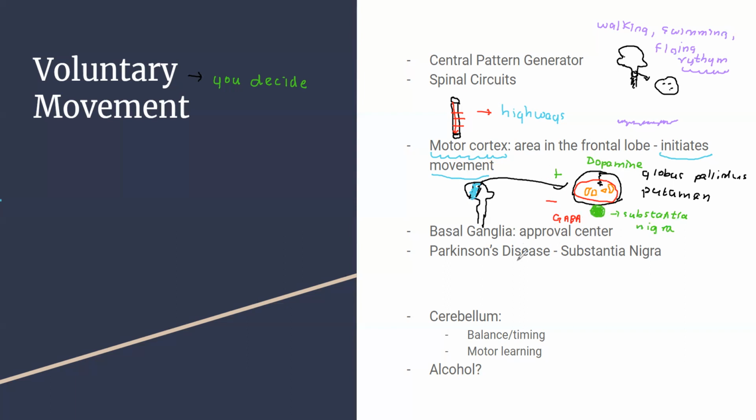So now let's discuss what happens if any of these are depleted. Let's just say that, for example, the substantia nigra degenerates. What happens then? Well, I'll give you a few seconds to think about it. If there's not enough dopamine to communicate with the brain, your brain has no way of saying start the movement.